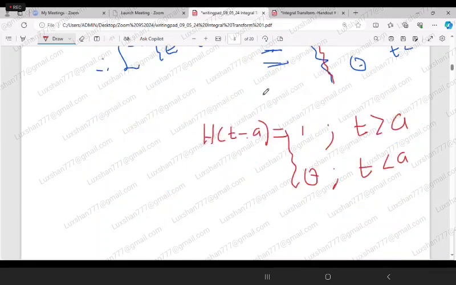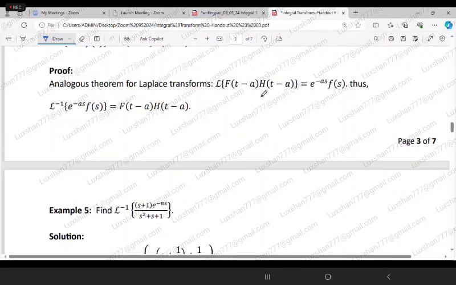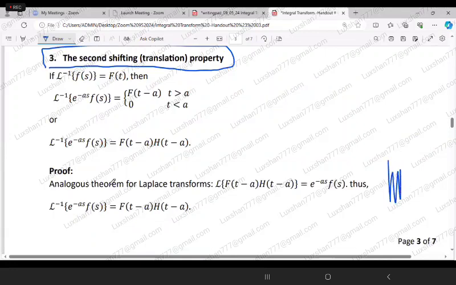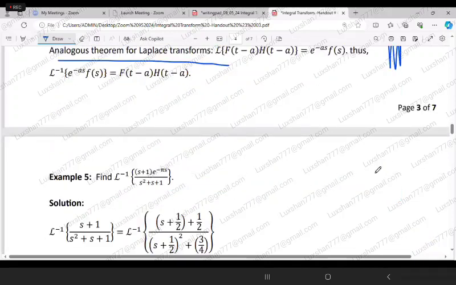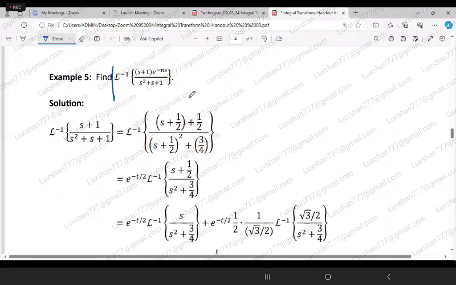So let's have an example to understand this a little further. The proof is given here. The proof is not necessary, because we are using the Laplace transform theorem to prove this one. So this proof is not a big deal. Let's try to find the value of this one.